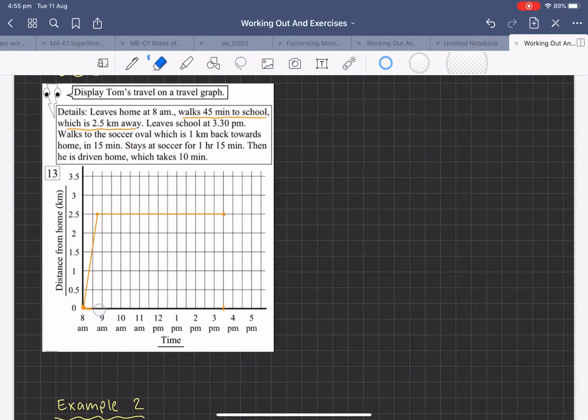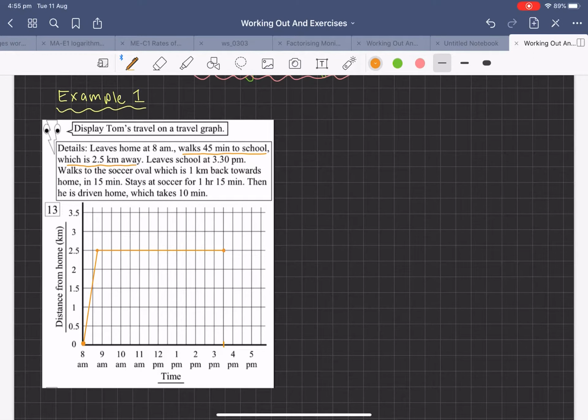Okay, so it says he leaves school at 3:30, walks to the soccer oval, which is 1 kilometer back towards home, which means we're going back in this direction. It says it's 1 kilometer back towards home in 15 minutes.